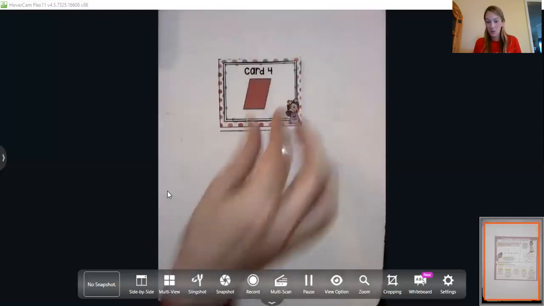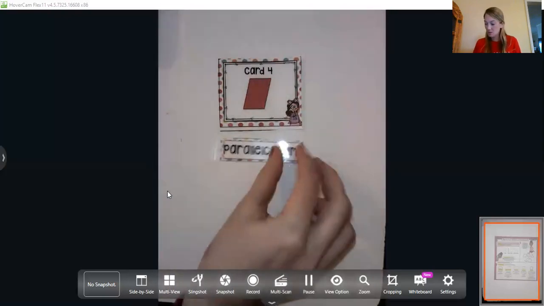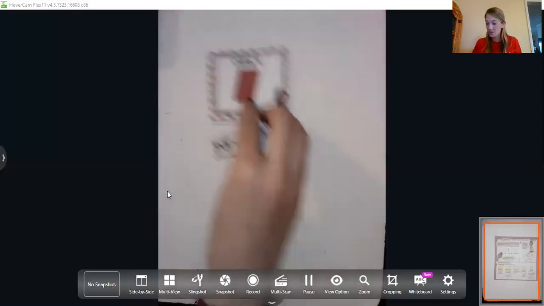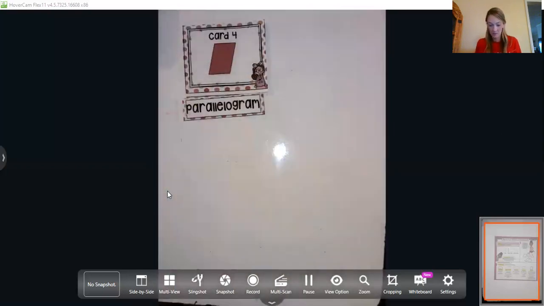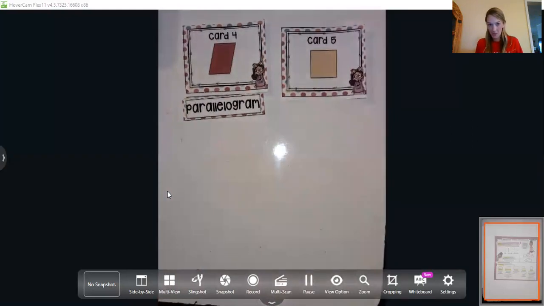Okay, here's a picture of a parallelogram, and that is a parallelogram. We're going to talk about the definition of a parallelogram in just a minute. Okay, you probably know what that one is. That is a square.